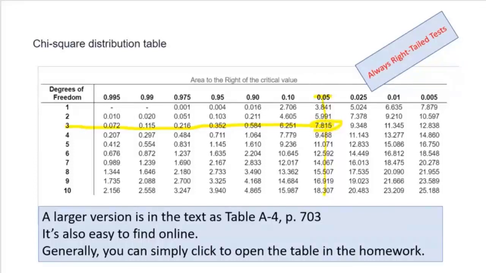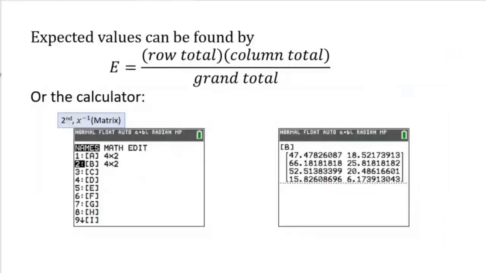So we just had to type in a few numbers and then click on that to get that test. It is quite a few clicks, I get that. But then expected value is the other thing they can ask you about. Now, if you need an expected value for a particular cell, every single cell, you can do the row total times the column total divided by the grand total.